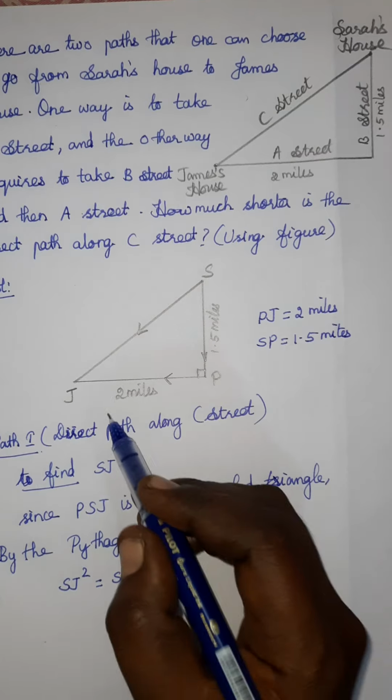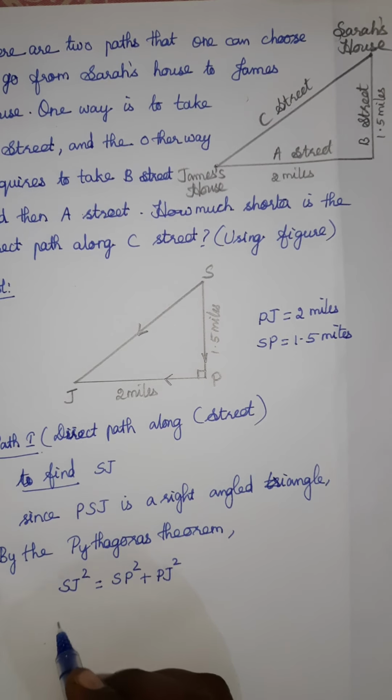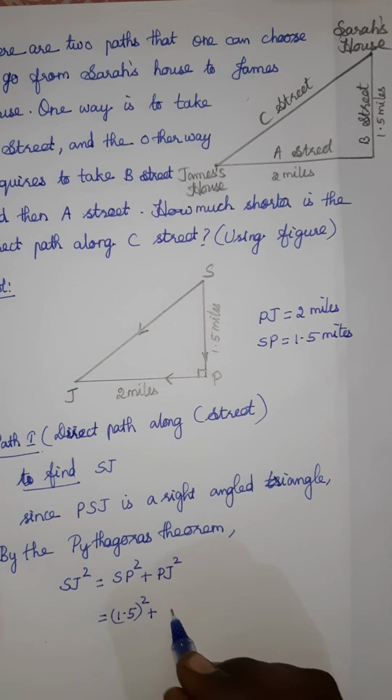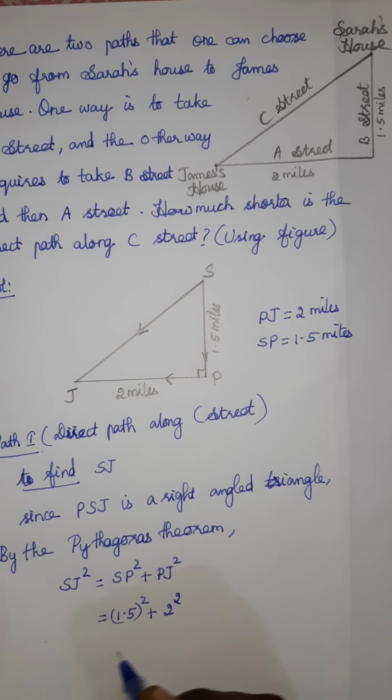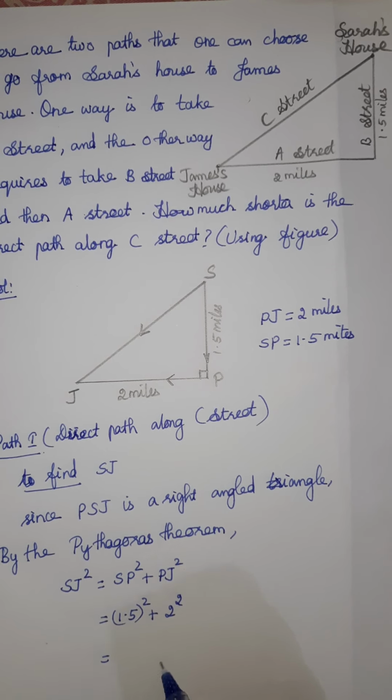Since the diagram is given, no need to explain about the diagram. Now we can apply the values. SJ square equals 1.5 the whole square plus 2 square. Do you know 15 square? It is 225.